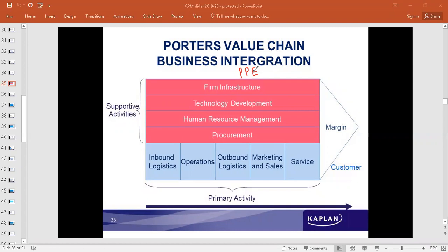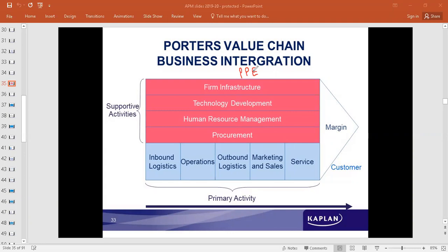Next is, the work to be carried on has to be carried on by the people. So people have to be recruited. The process of selecting, recruiting, placing them in their job, providing them training, so that the work is carried on.